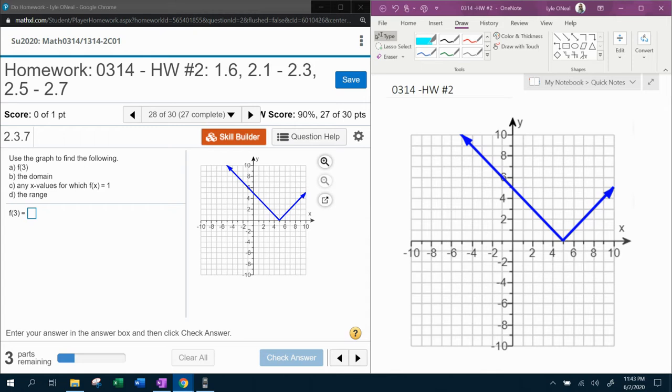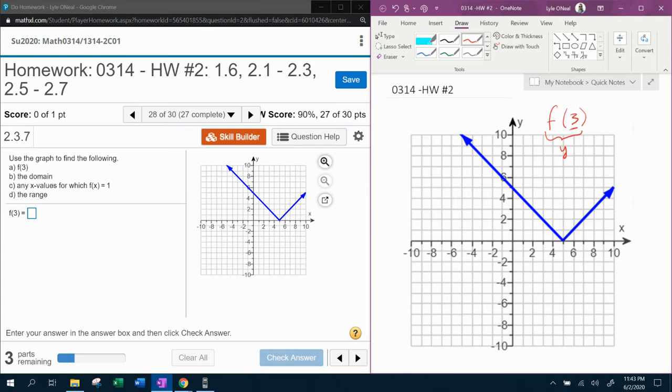Here we go. First part says to find f of 3. And so f of 3 is what that says. It says, hey, when x is 3, what's y? It's like it's asking you a question. When x is 3, what's y?